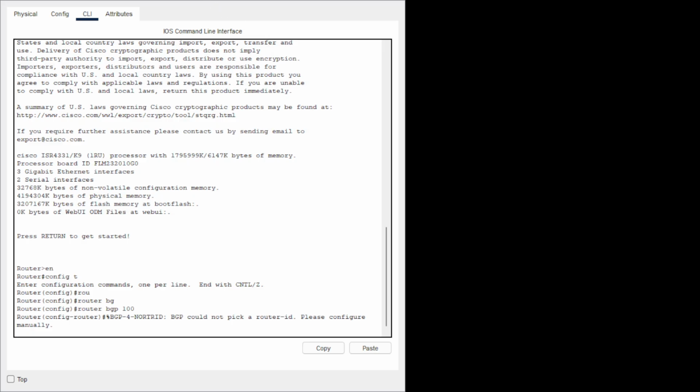Wait, let me check. Wait, this port has not yet been configured, so it's showing this error. So let's configure the port.